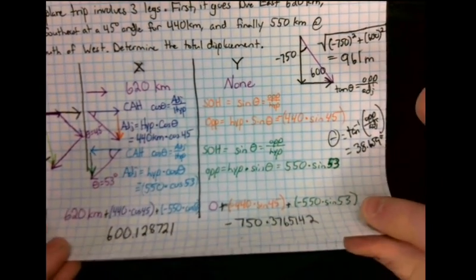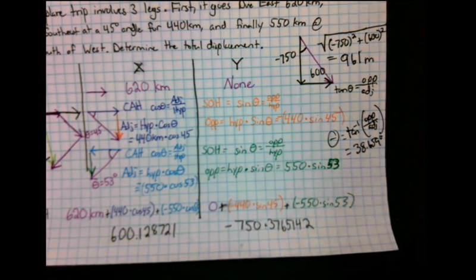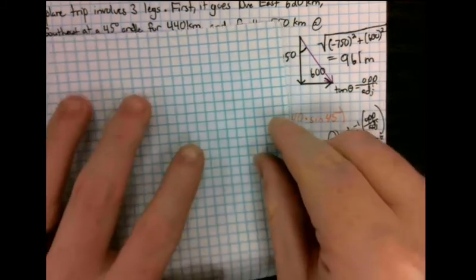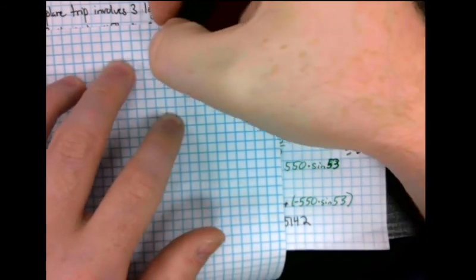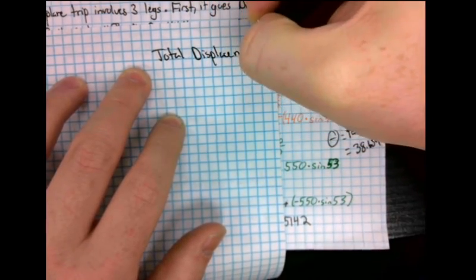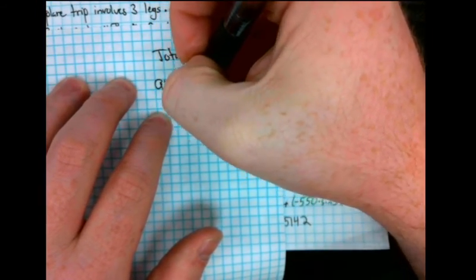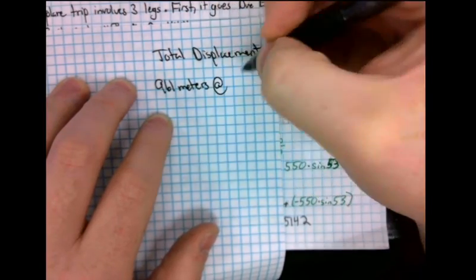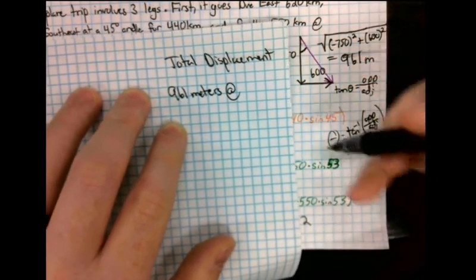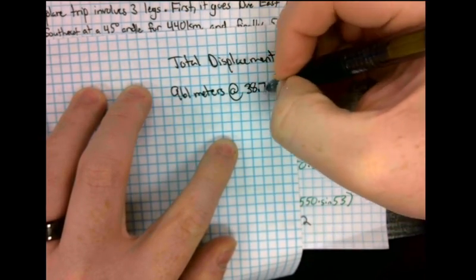So what your full answer would look like, I ran out of room. I was a little bit overzealous with how much space I thought I was going to need. Let me get a paper I can write on the back of really quick. There we go, that'll work. So the way we would describe our answer is that the total displacement is 961 meters at, and then we take this number right here, go to 3 sig figs, 38.7 degrees.